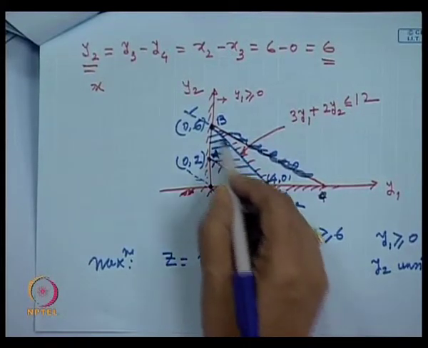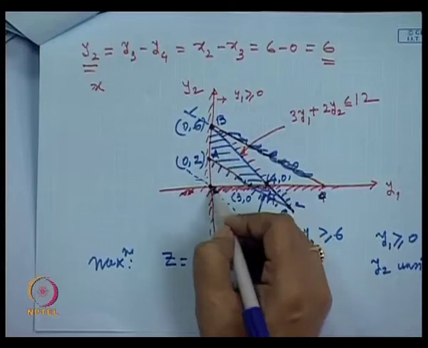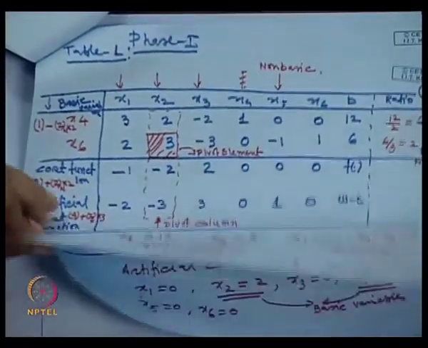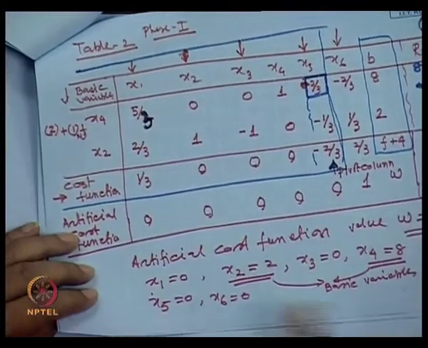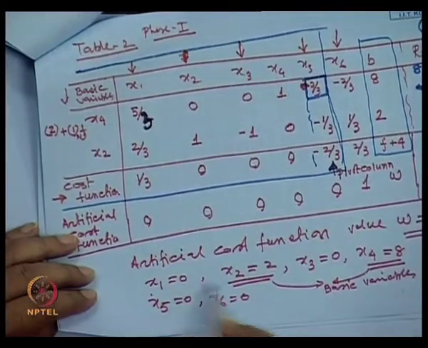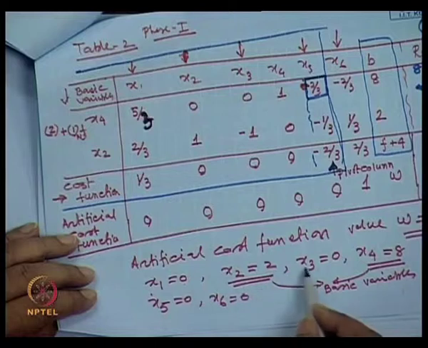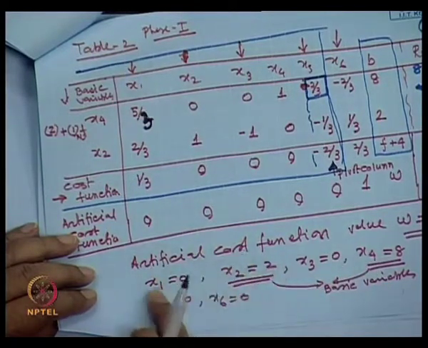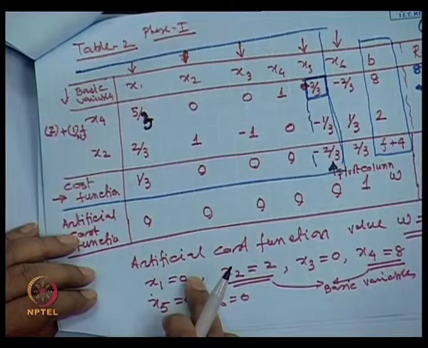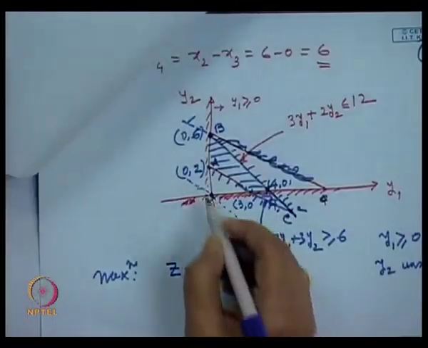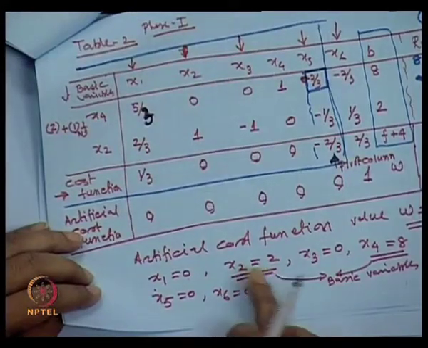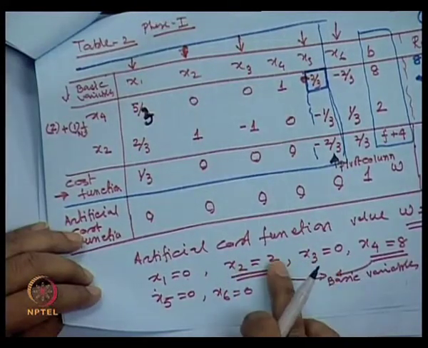This point y is not feasible. In the next iteration of the first phase, we got x 1 is 0, x 2 is 2 and x 3 is 0. In other terms, because y 1 is equal to x 1, our y 1 value is 0, and y 2 value is x 2 minus x 3, which means 2.